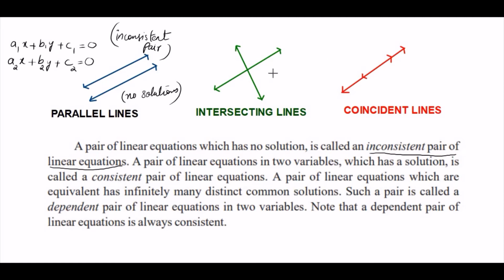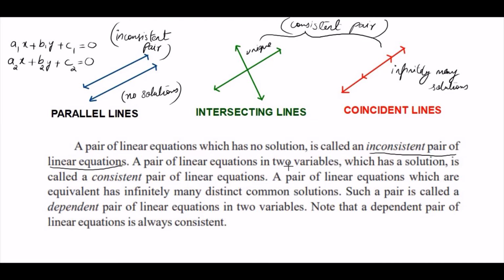So when you get solutions for the pair of linear equations, you call them consistent pair of linear equations. These two come under consistent pair of linear equations. Here, you get a unique solution and here there are infinitely many solutions.